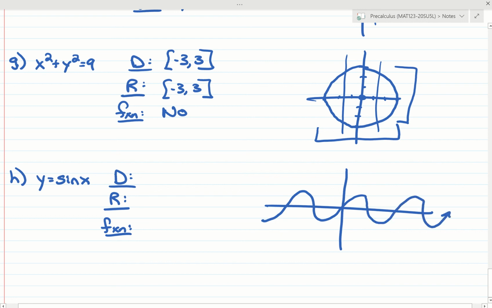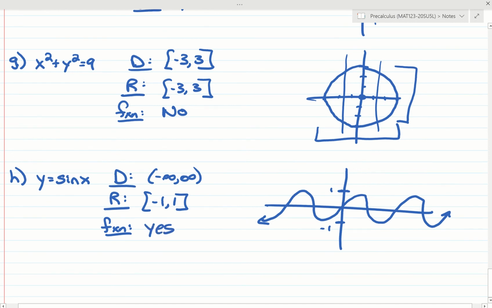And it just kind of keeps oscillating like that. The highest it goes is 1, the lowest it goes is negative 1. That tells you the range. The domain, it looks like it just keeps going on forever, right? And is it a function? Yeah, because you could draw a vertical line and it only touches in one place.